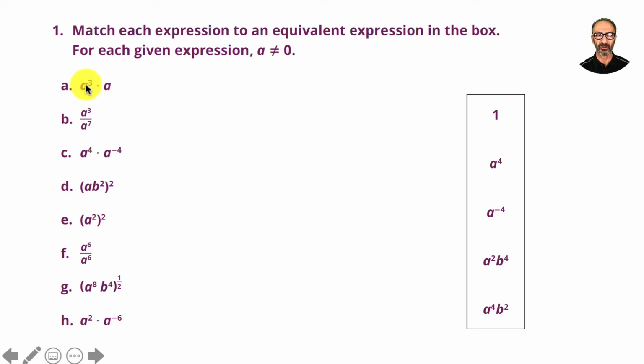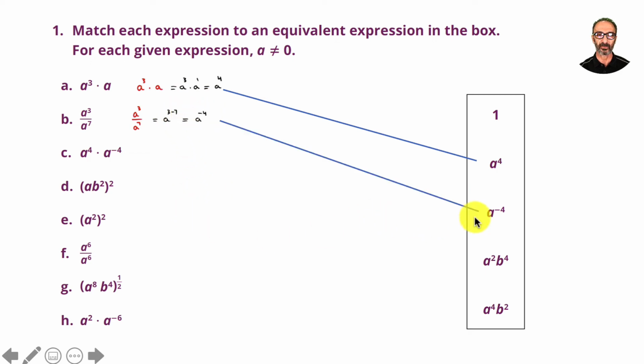First one, a to the power 3 times a to the power 1. That is a to the power 4, which is right there. A to the third over a to the 7. That's 3 minus 7, which is negative 4. And that is right there. A to the 4 times a to the negative 4, add the exponents, you end up with 0, right? And that's 1.